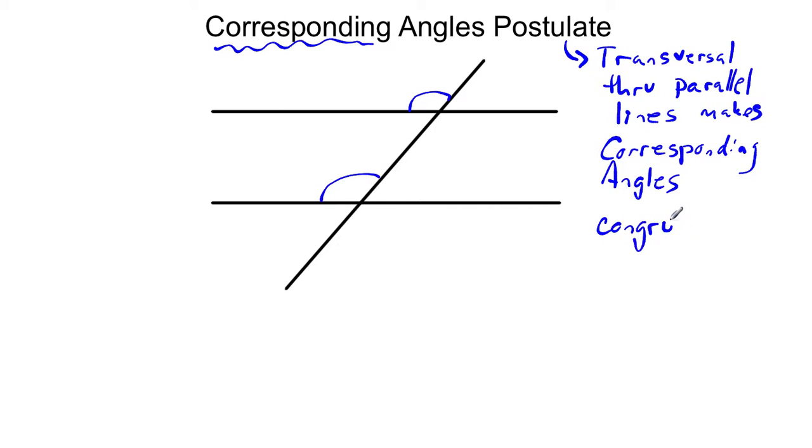And remember, congruent means the same measure. Congruent, with that little symbol. So these two angles are congruent. They're the same measure, just as these two corresponding angles are also the same, and these are the same, and these. So all of these corresponding angles are going to be congruent to each other.